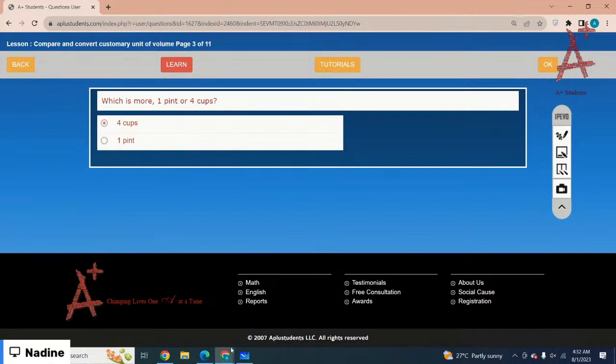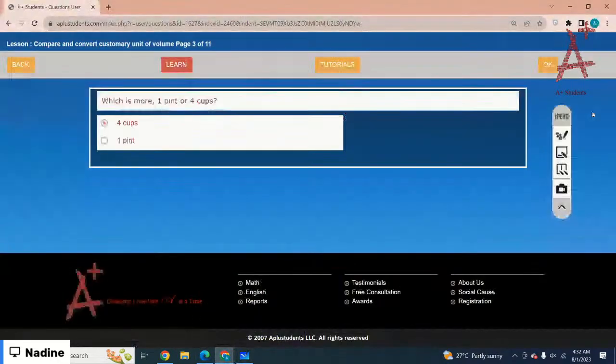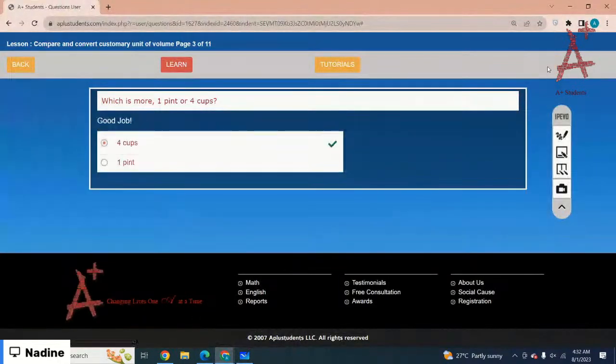Because in 1 pint you have just 2 cups. You can see here, 1 pint equal 2 cups. So 4 cups is more than 1 pint. Very good. The correct option is 4 cups.